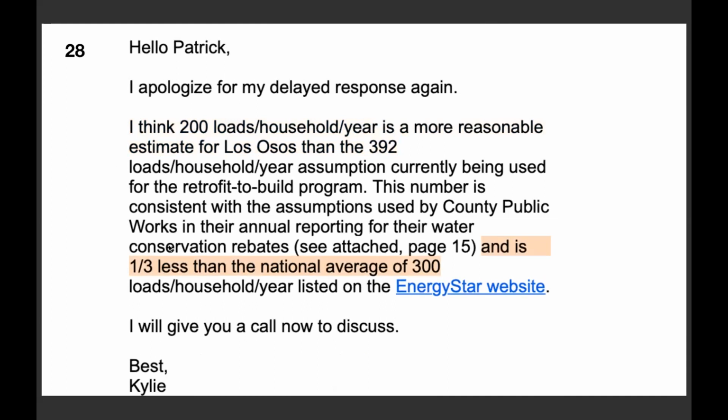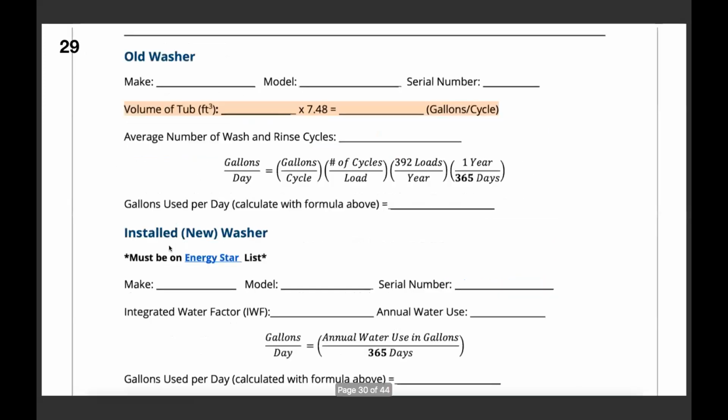So how does the county actually calculate this? You fill out this form. They take the volume of the tub and multiply it by 7.48 to calculate how much water the tub holds. Why 7.48? That's how many gallons of water are in a cubic foot.